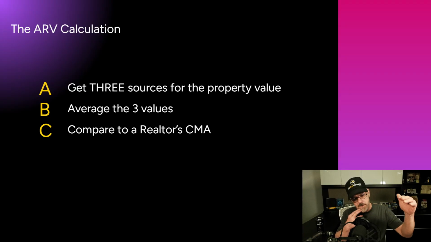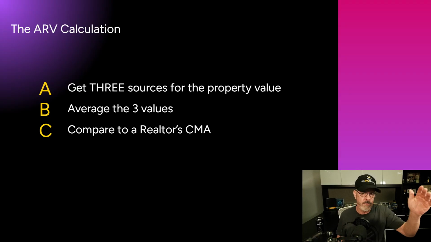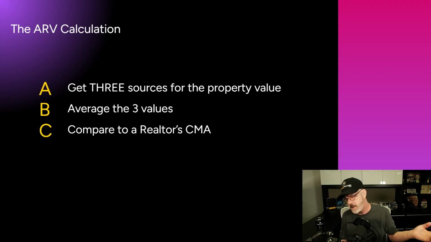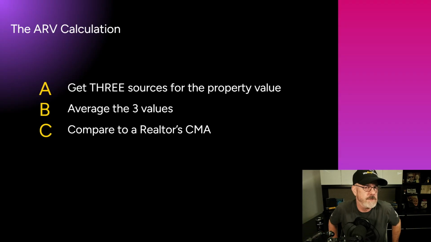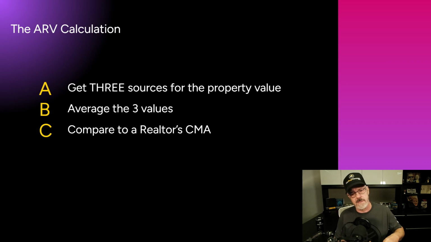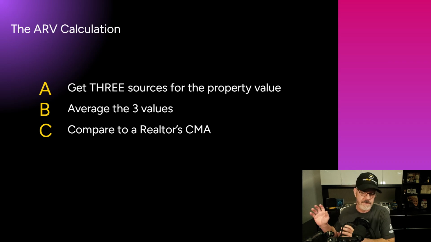And so what we're starting to see is some degradation of home values, about 1.7% per month I saw in one study. So what does that give us? It's going to give us about an 8% reduction in property values in the next 12 months, if it continued. And so I'm a little concerned right now in some markets that these ARVs are going to be too high because they're going to be based on the past instead of the future.